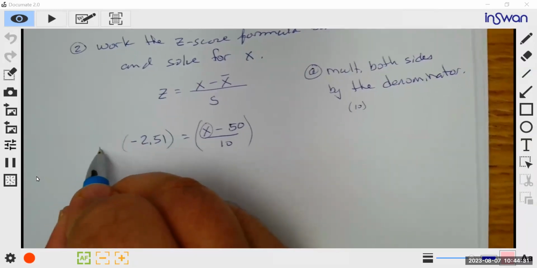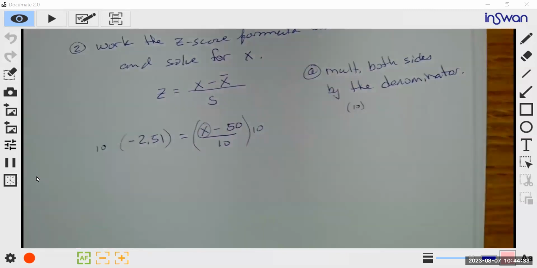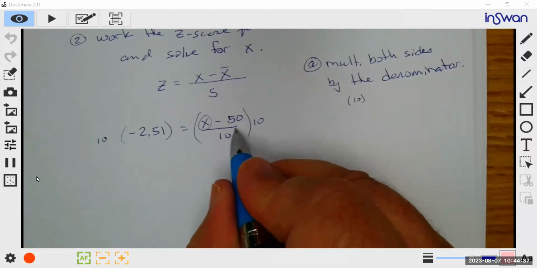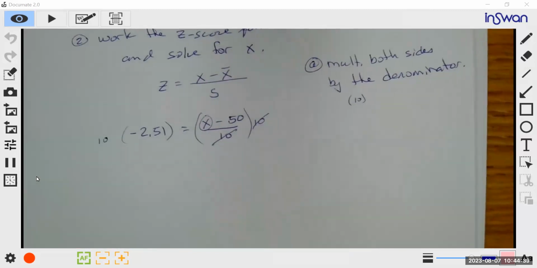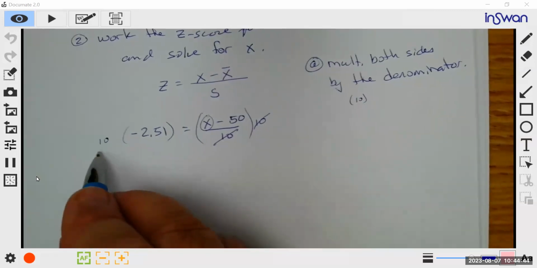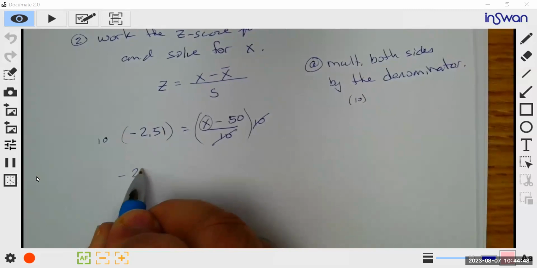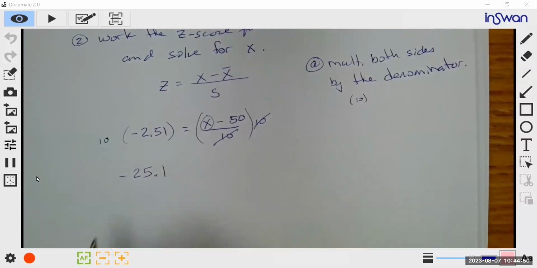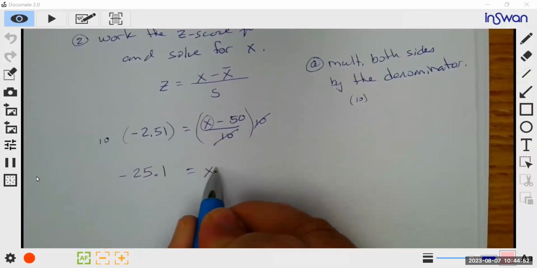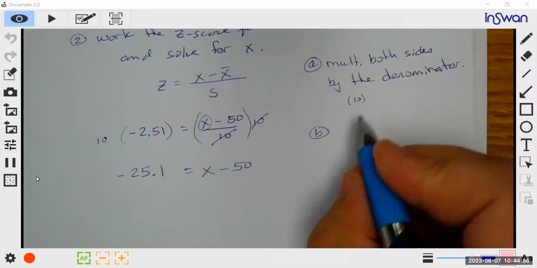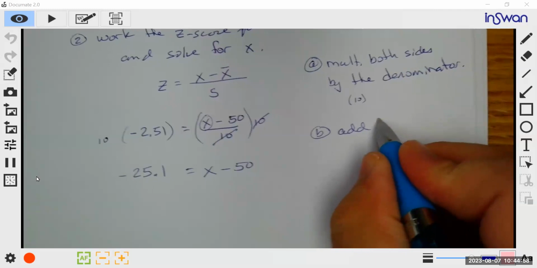So multiply both sides of the equation by 10. This 10 and this 10 cancel. So we have 10 times negative 2.51 is negative 25.1 equals x minus 50.